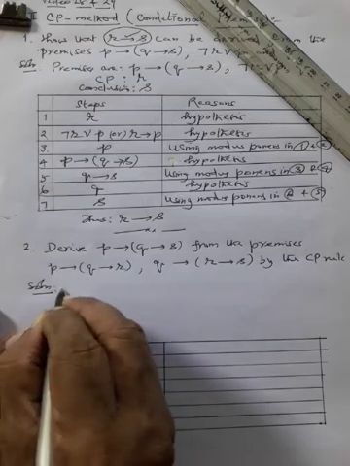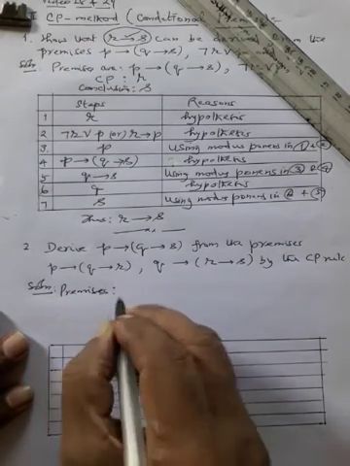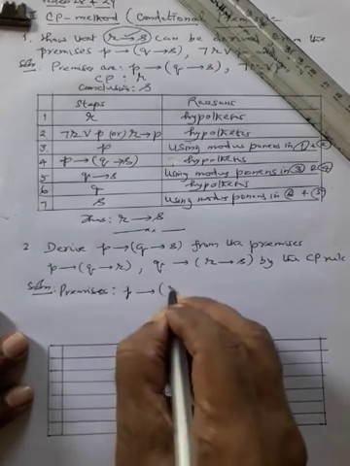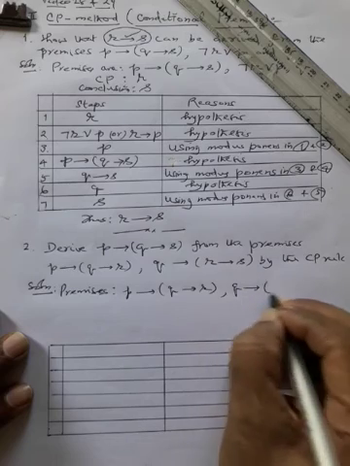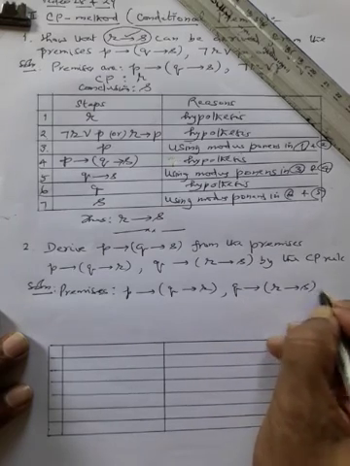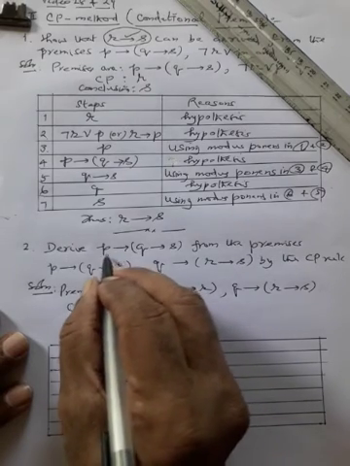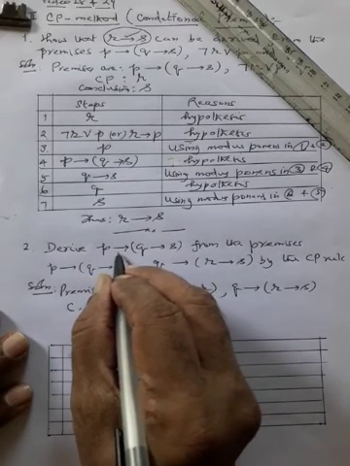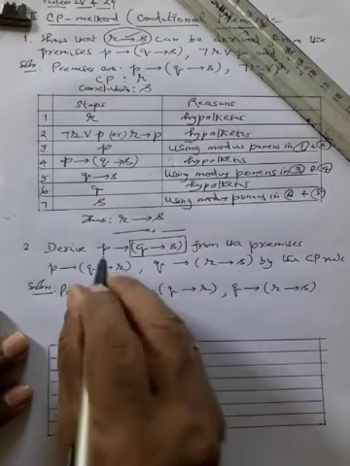Solution: premises. P conditional (Q conditional R), Q conditional (R conditional S). Conditional premise: we want to prove if P then this, if P then that one.